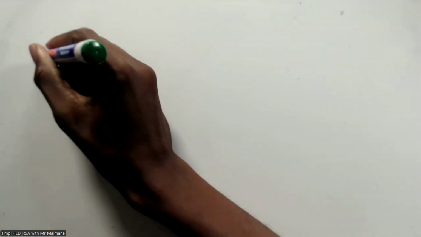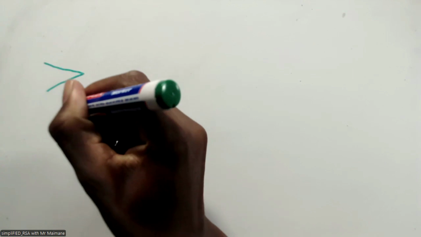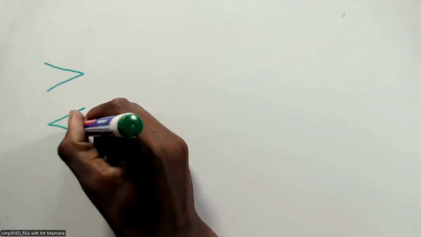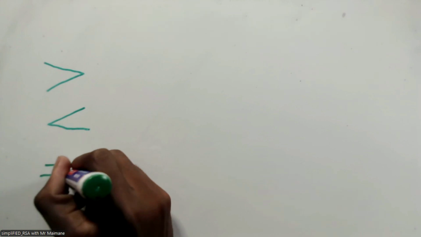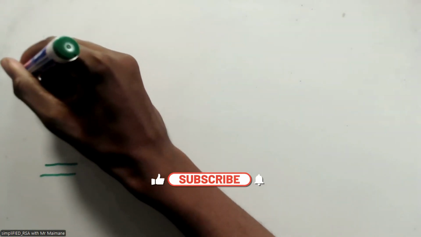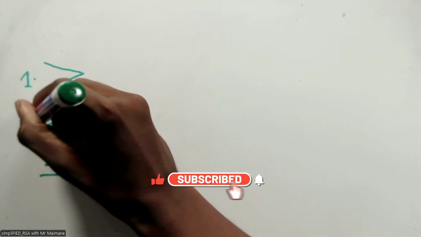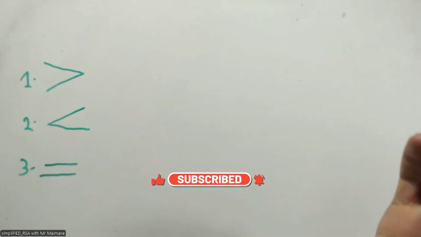Let's go. First things first, let's make sure we understand what the signs imply. We have the first sign, we have the second sign, and maybe I can also put an equal sign there. We're going to call these sign number one, sign number two, and sign number three.